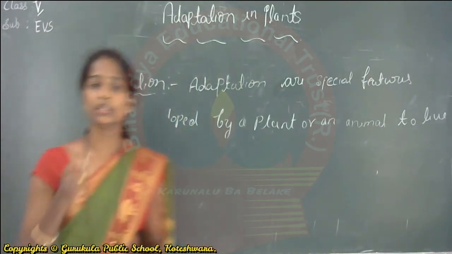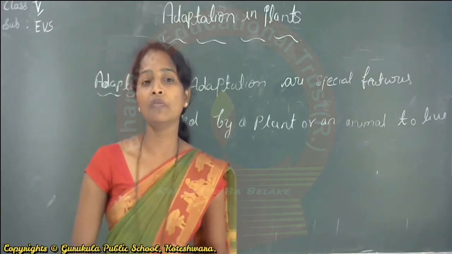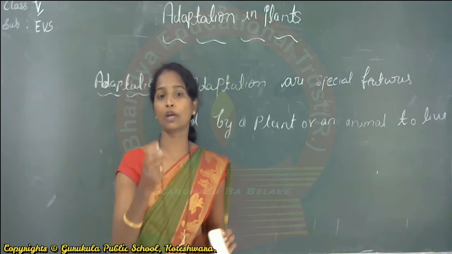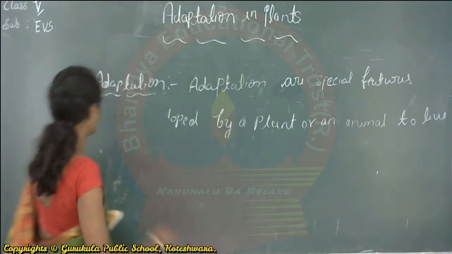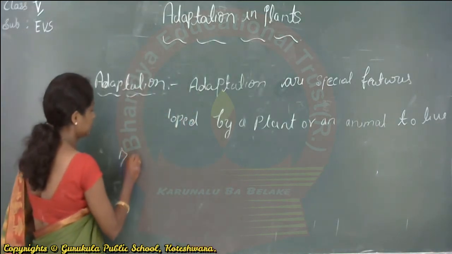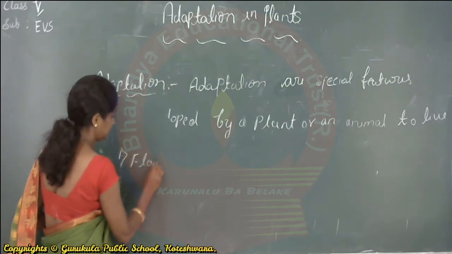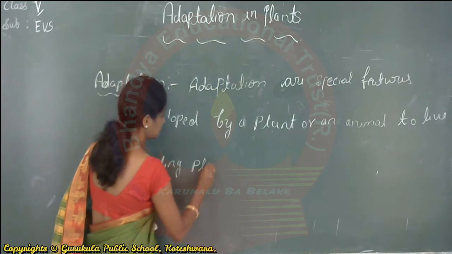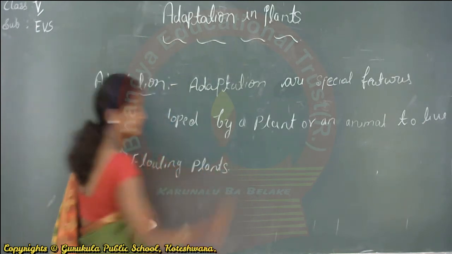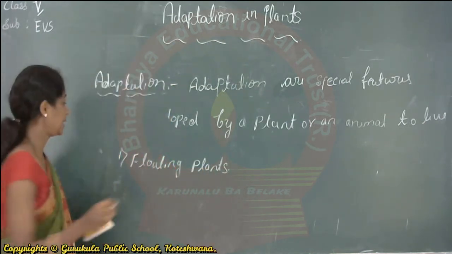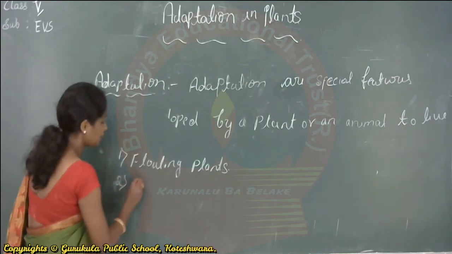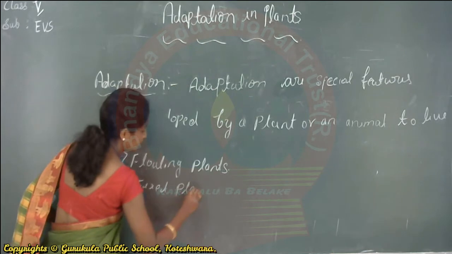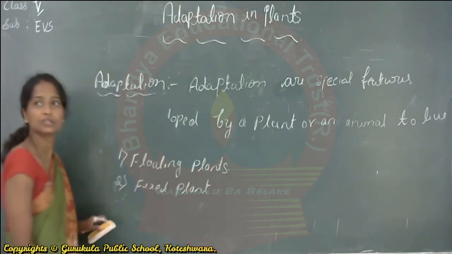Children, we have seen three types of aquatic plants. One is floating plants. Second one is fixed plants.